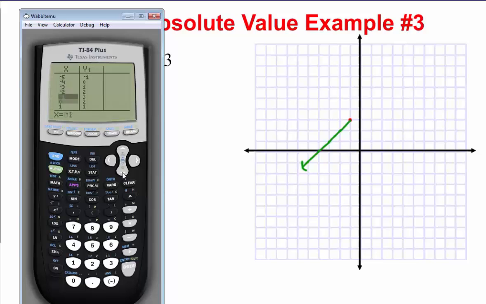And let's graph some points on the other side of our vertex. So I see the point 0, 2, 1, 1, 2, 0, 3, -1. So we can draw in our line with our arrow to show that that line keeps on going.